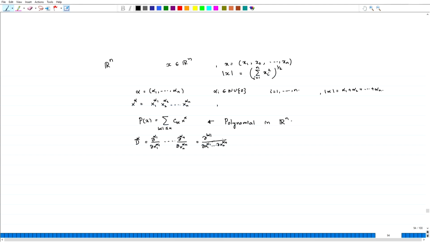This is how we write it for a multi-index alpha. This is the notation for the derivative that we have.